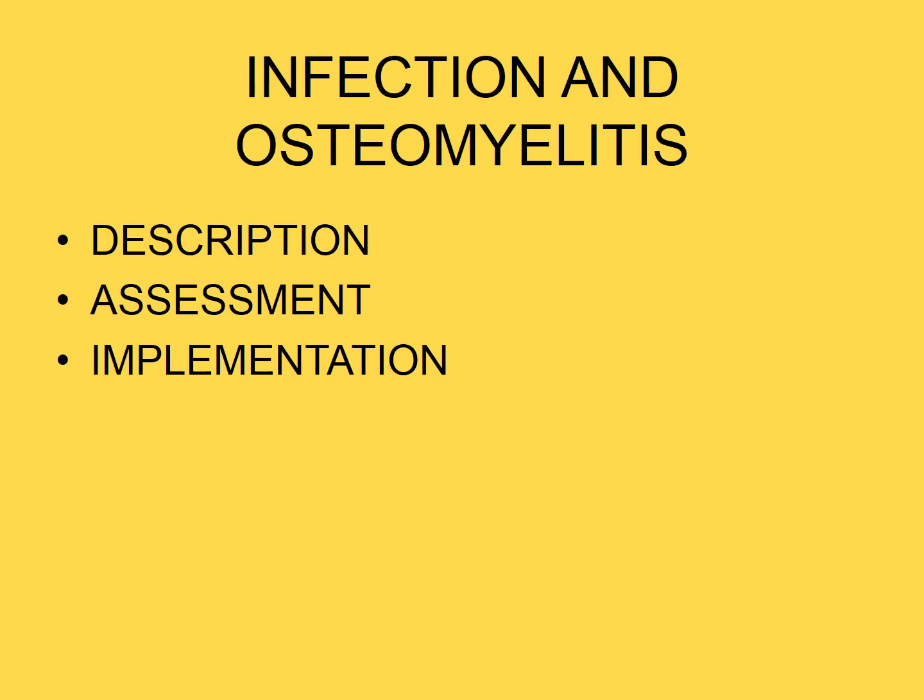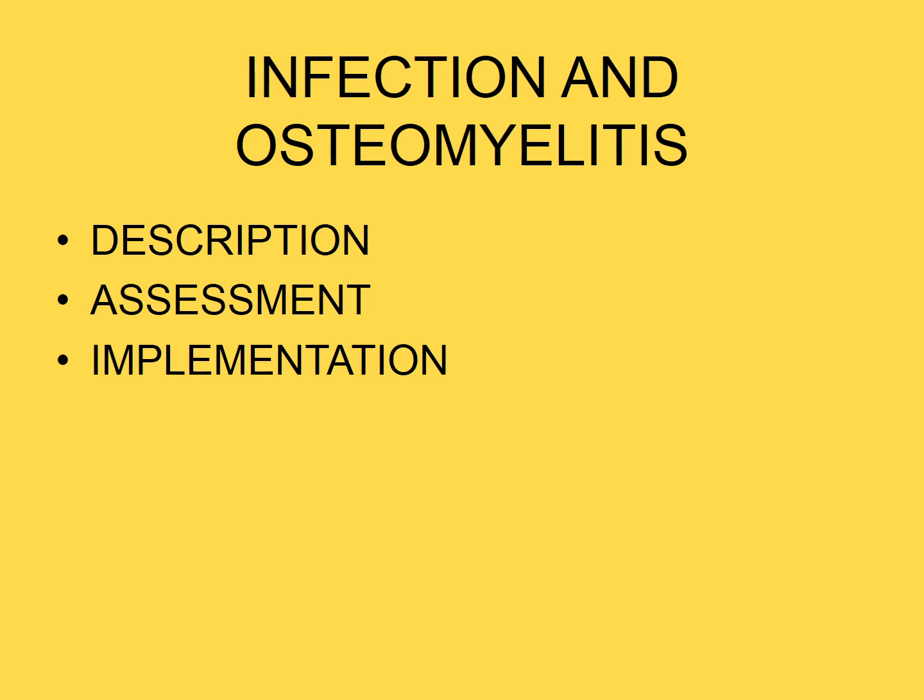The next complication is infection and osteomyelitis. Pretty much this can occur. Infection occurs because there's some type of disruption of the skin, the largest organ, right? So once it's open, the infection can invade the bone tissue.